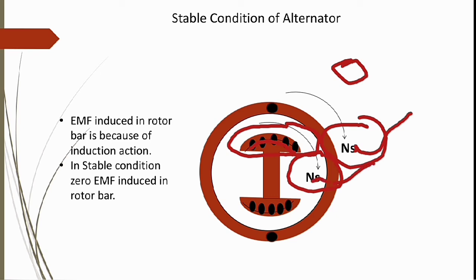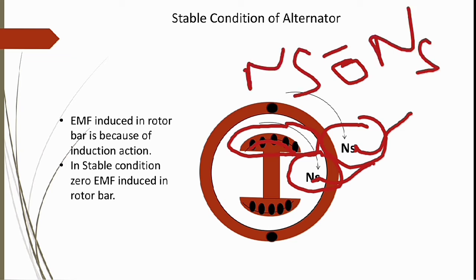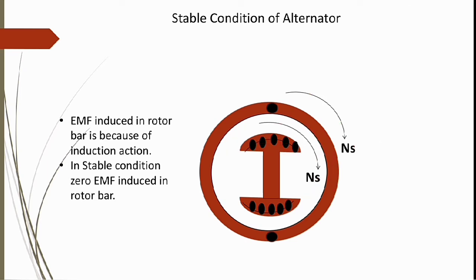The stator rotating mmf speed is ns, and the rotor rotating mmf speed is ns. They rotate in the same direction, so ns minus ns equals 0. So there is no EMF generated here; this is the stable condition. So due to hunting or any other disturbance, what happens then?